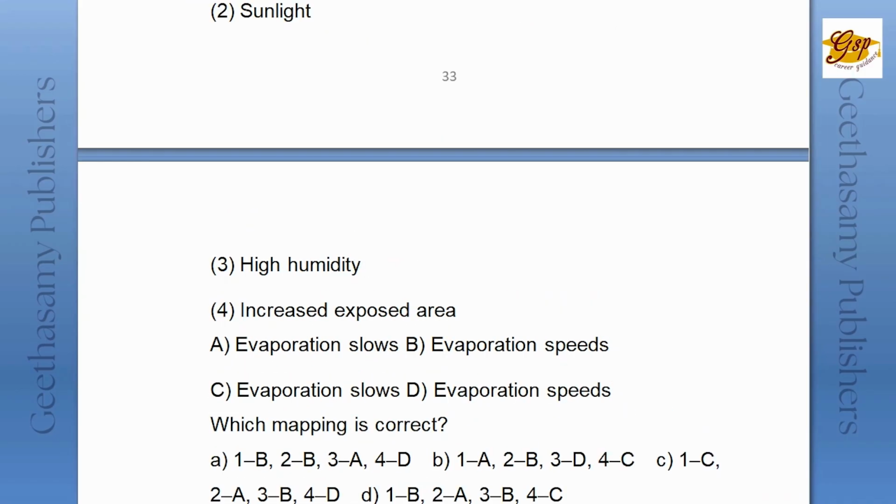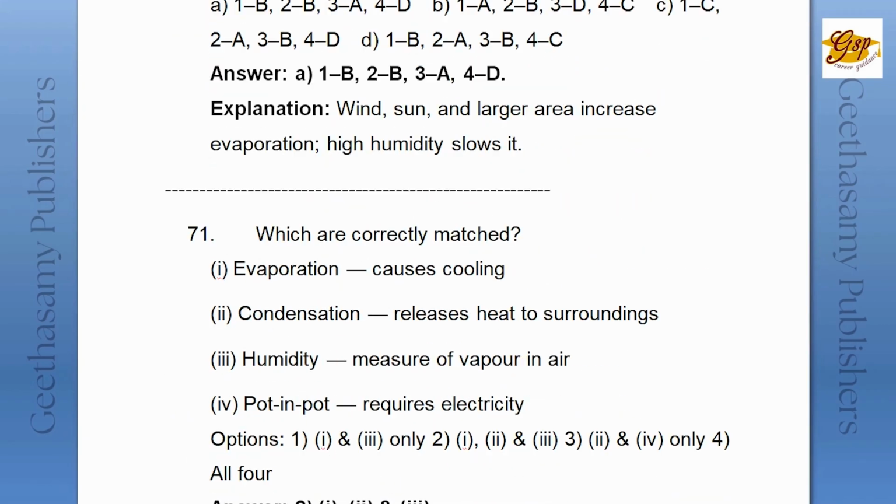The correct answer is A only. With increased wind evaporation speeds up; sunlight, evaporation speeds up; humidity, evaporation slows; and increased exposed area, evaporation speeds up. A, B, C, D, 1, 2, 3, 4. Right?